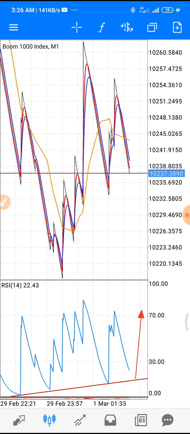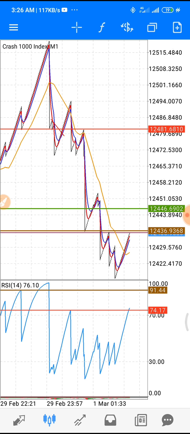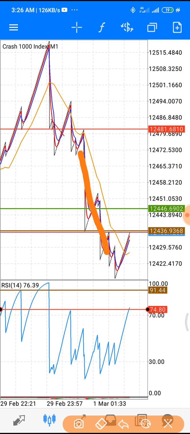So we'll be waiting for that one. Let's check crash 1000. We are expecting it. It is breaking this level already. Let's be patient for it. You can see that it has been selling. It has been selling, so it might have lost its selling power. So it might want to retrace very well.